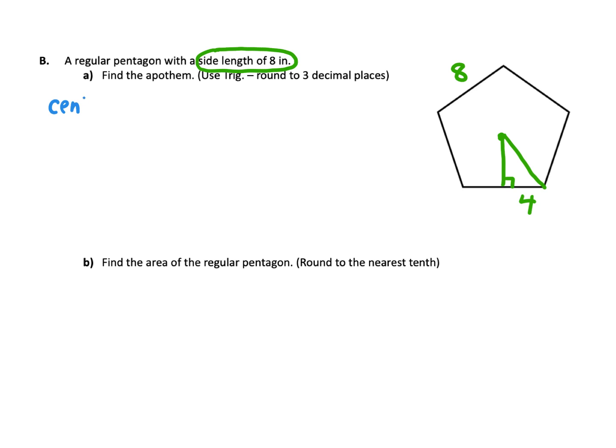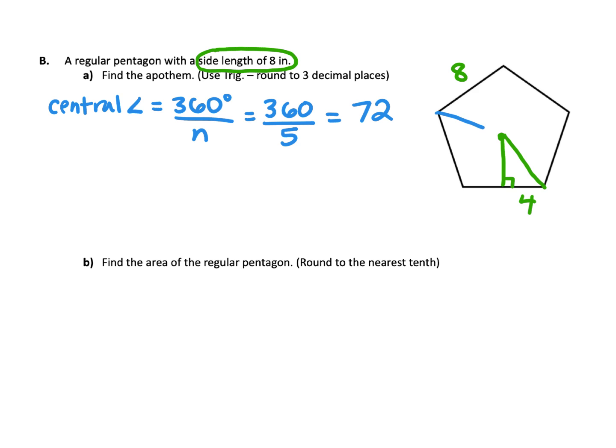And then I can figure out the angle if I start with my central angle. So the central angle is just 360 degrees divided by the number of sides. So I need 360 divided by 5, and when you do that, you get 72. So the central angle is 72. So that would be like this angle right here, 72 degrees.